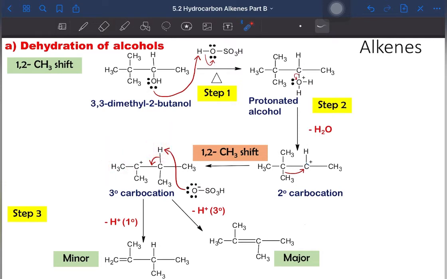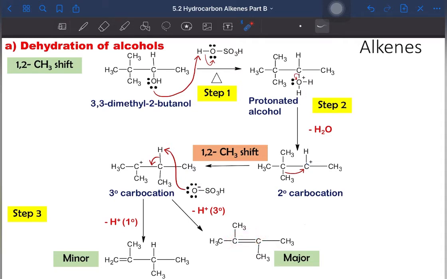So if we want to form the major product, we need to eliminate the tertiary hydrogen. If we eliminate this hydrogen, we will form the double bond here. So we form the major product, where there will be 1, 2, 3, 4 alkyl groups attached to this carbon-carbon double bond.